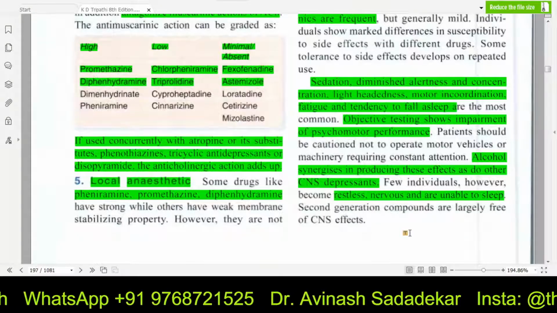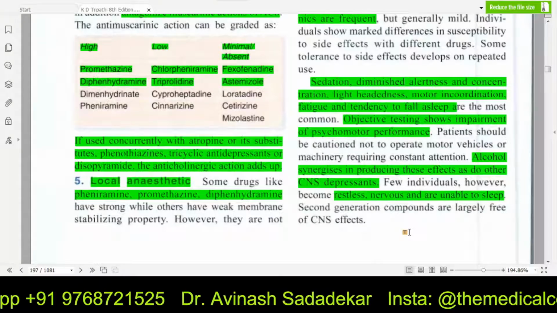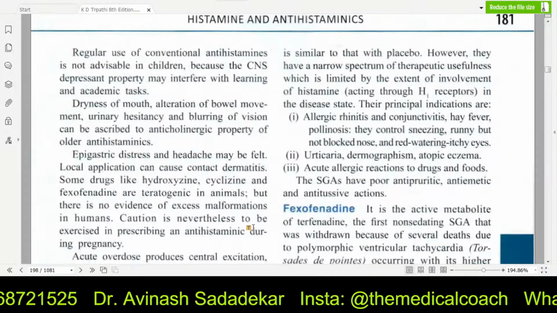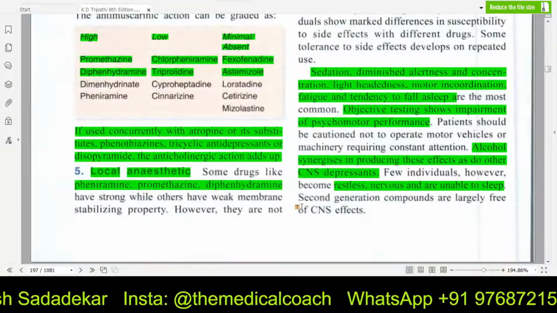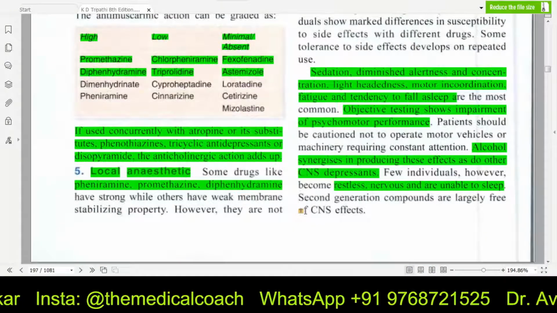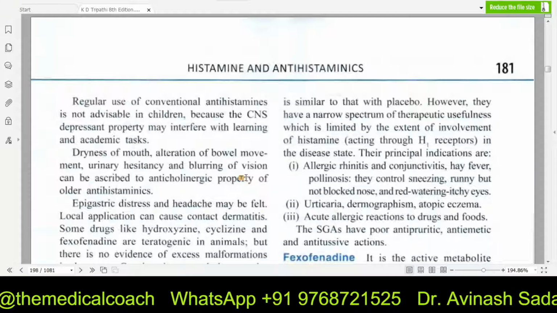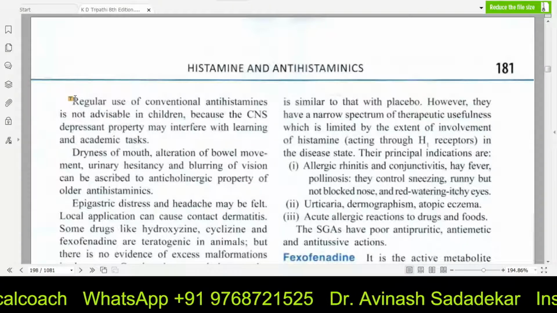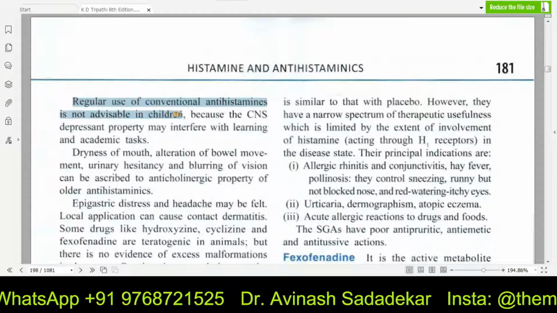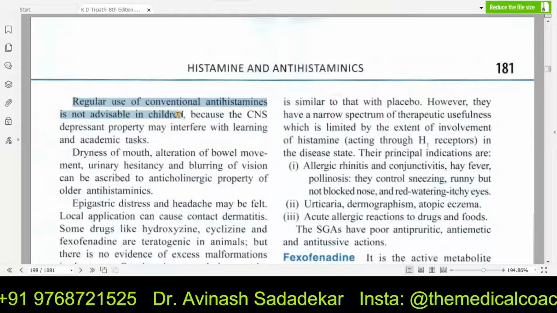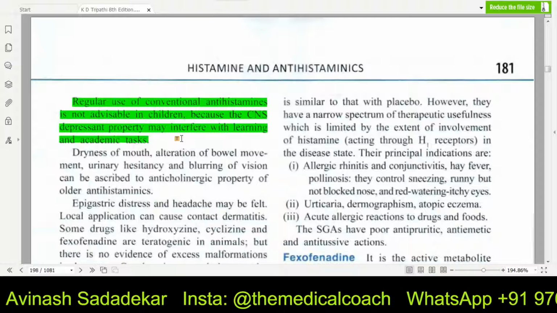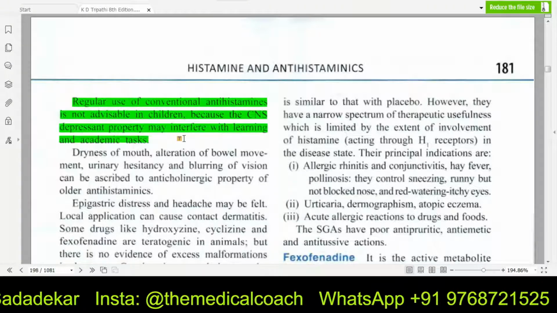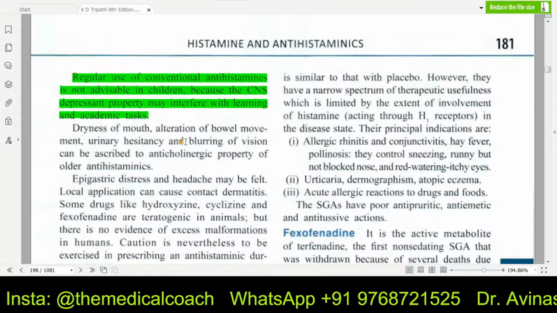The good news is second generation compounds do not have these CNS actions, right? As we go through the side effects, you will realize that most of these side effects are an extension of their pharmacological action. We don't give H1 antihistaminics to children because the CNS depressant property may interfere with their learning and other academic tasks. Occasionally, once or twice is fine, not for long term.